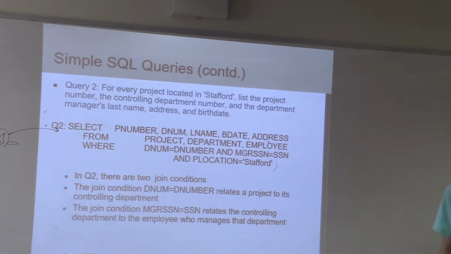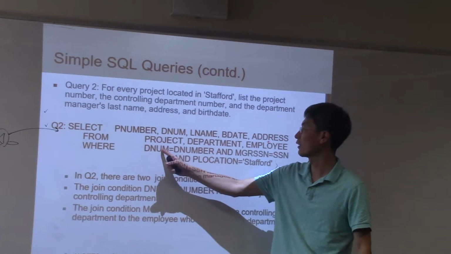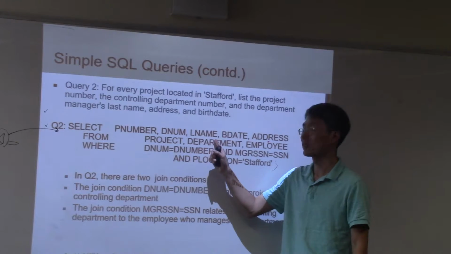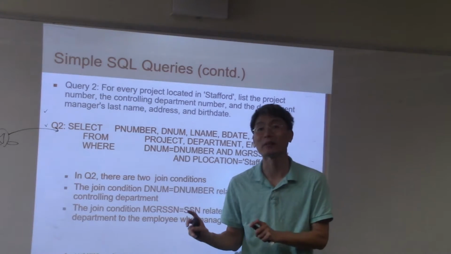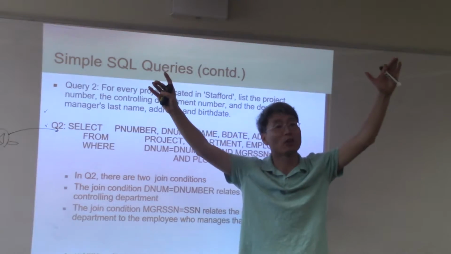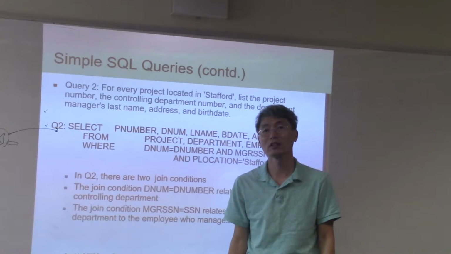Okay. Professor, what happens if both tables have the same column name? That's a good question. So what if we have the D number from the project and the D number from the department? That will be fine when you design. You can use the same column name in different tables. But when you join, can you differentiate?